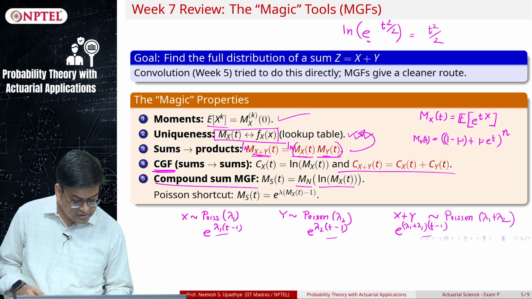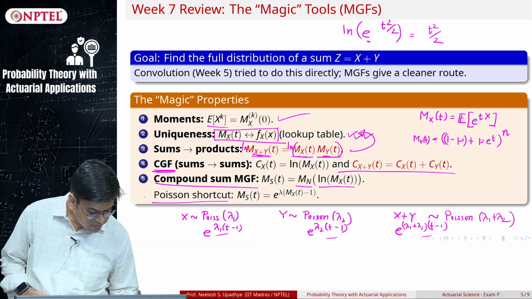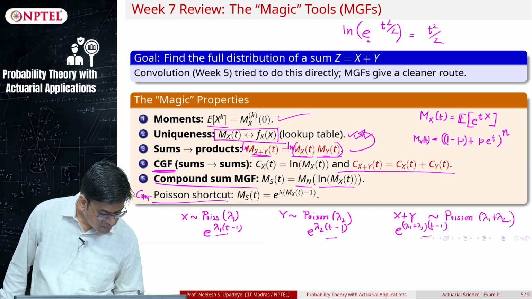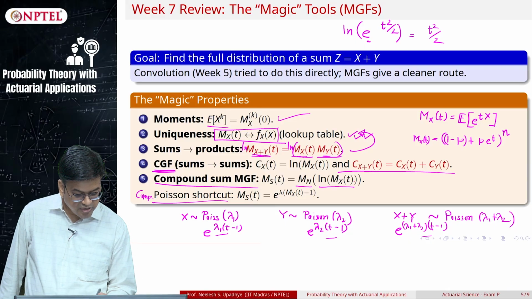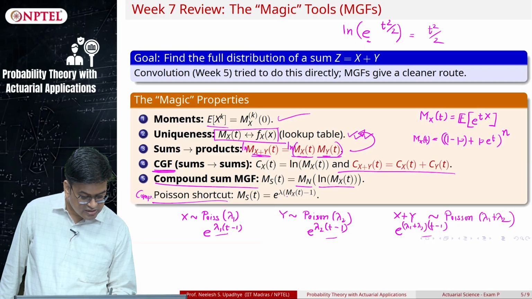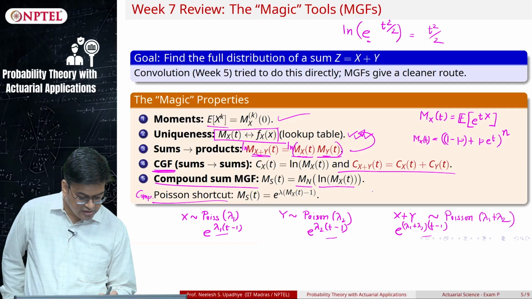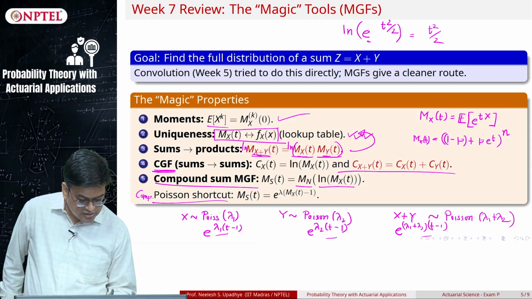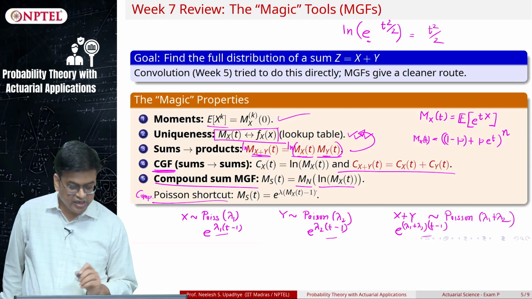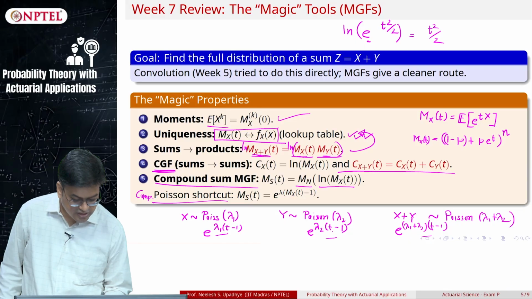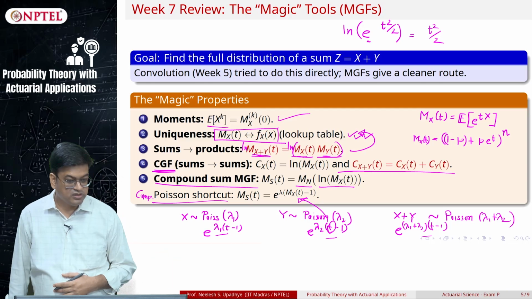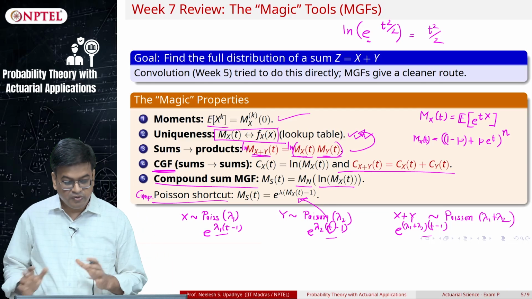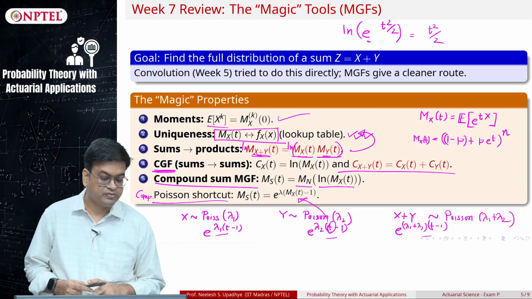So now you can see this Poisson shortcut, which is the compound Poisson, which essentially turns out to be e raised to minus lambda t. So this becomes e raised to lambda mxt minus 1, which is similar to this. So t is replaced by mxt here, okay, and that actually solves my entire problem of understanding the distributions, right.